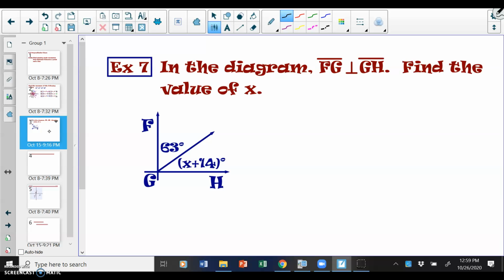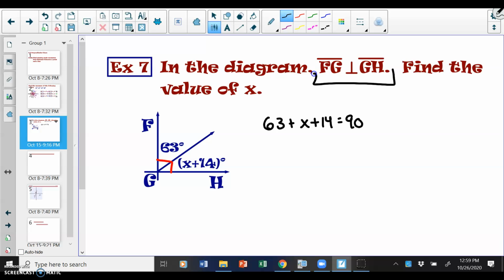So in this diagram, it says that segment FG is perpendicular to GH. And we know, back in the day with proofs, trace a right angle, and we know that right angles have to equal 90 degrees. So I have 63 plus x plus 14 is equal to 90.